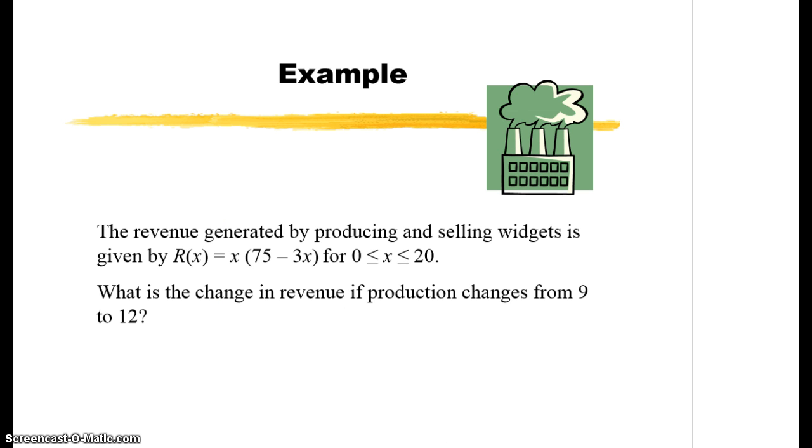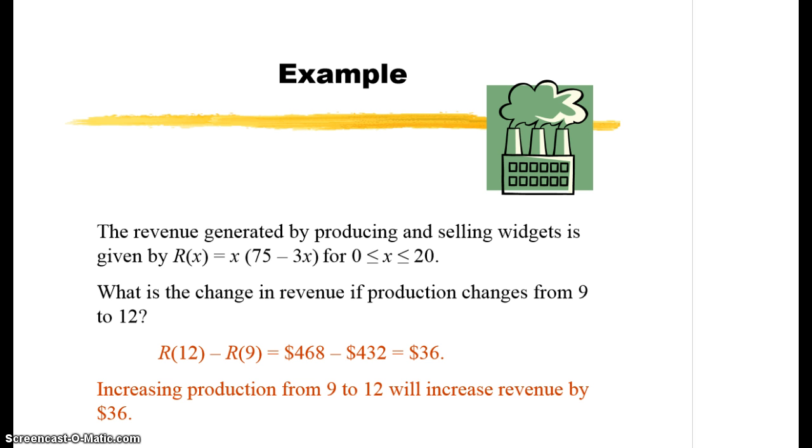So as an example of this, think about the revenue generated by producing and selling widgets given by this function, r of x equals x times 75 minus 3x, where x is between 0 and 20. What is the change in revenue if production changes from 9 to 12? So you're producing 9 widgets, you'd like to produce 12 widgets, and you'd like to see how revenue will change based on the change in production from 9 to 12.